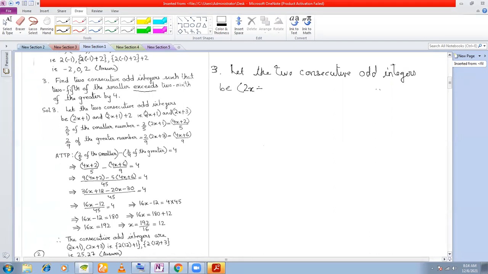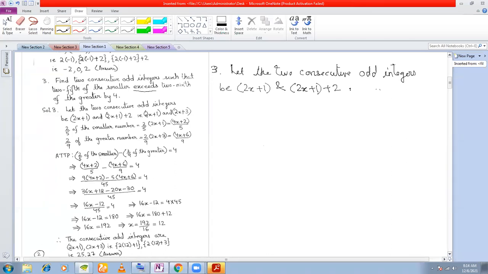This is the smaller one, right? What should be the greater one? You add 2 to it: 2x plus 1 plus 2.